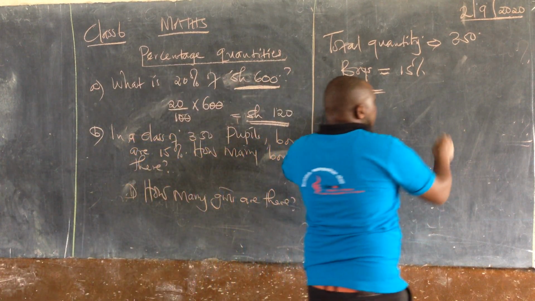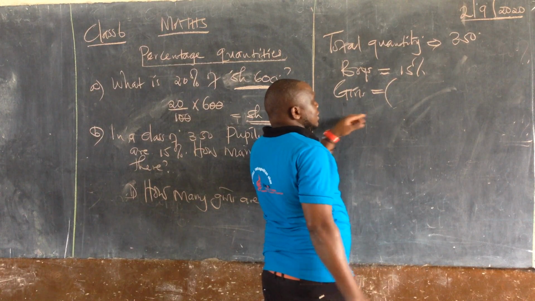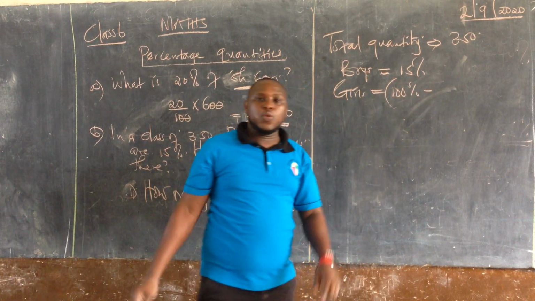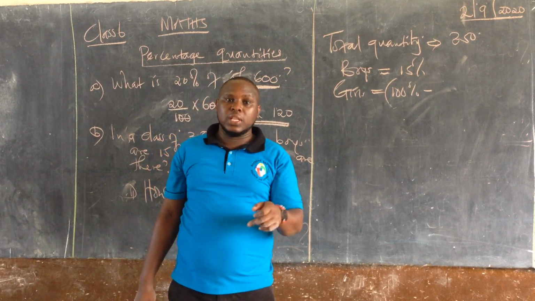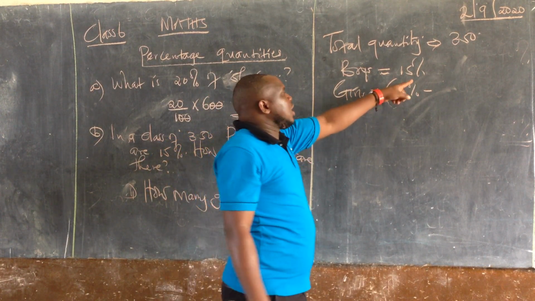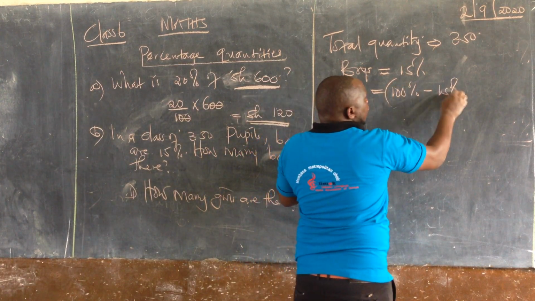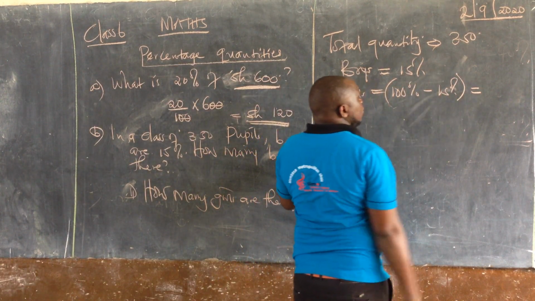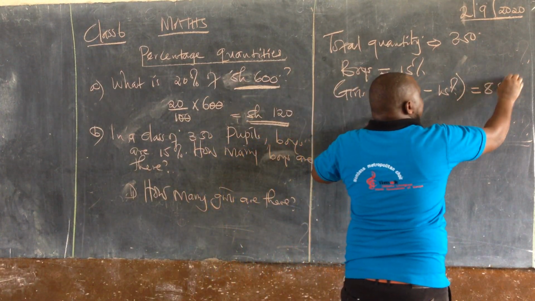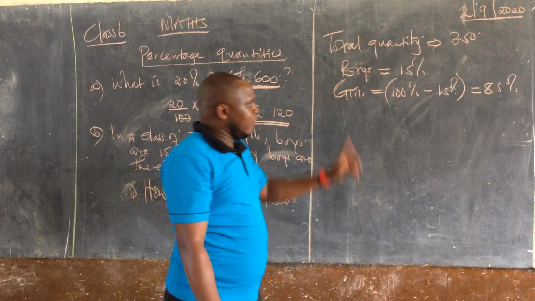So what are we saying here? For us to be able to get girls, we get the total class, which is 100%. When the class is full, both boys and girls are in school that day, it gives us 100%. So you subtract the 15% for the boys, and we are going to be left with the girls, which are going to be 85%.